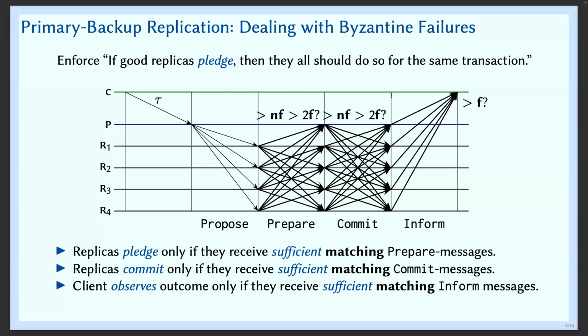Understand how does it preserve it. Okay, so let me make this clarification. So far, what we've talked about is ordering. We haven't really talked about execution. We talked about deciding in this round what the transaction is. We're reaching consensus on the transaction. Once we reach the commit stage, you could also not execute the transaction.